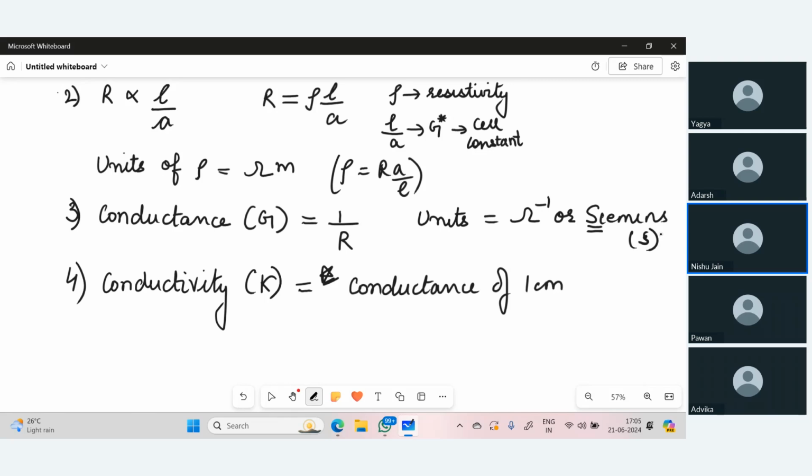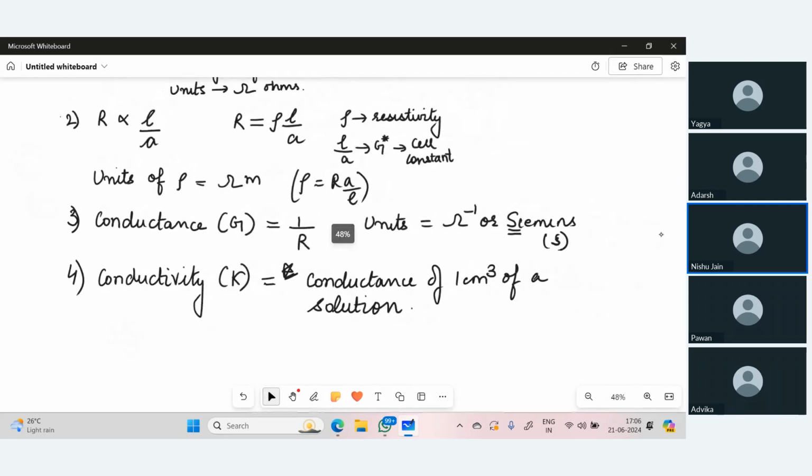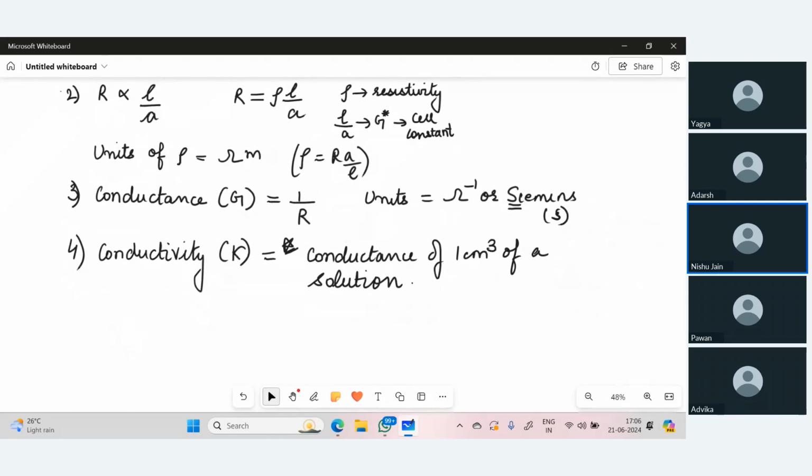It is the conductance of 1 centimeter cube of a solution. And kappa, conductivity, is the reciprocal of resistivity. So its unit becomes, ohm meter is the unit for rho, so it becomes ohm inverse, meter inverse.